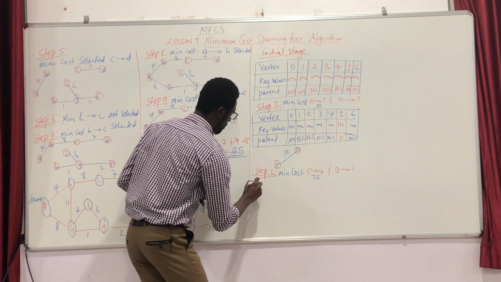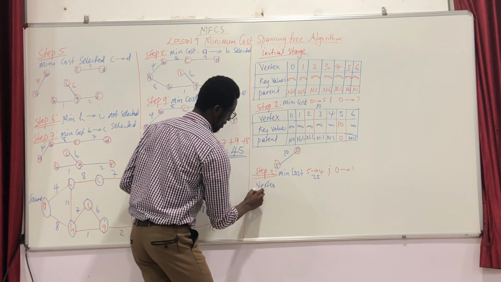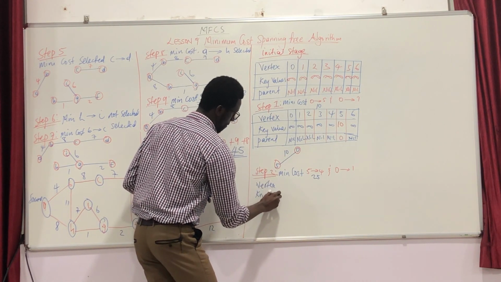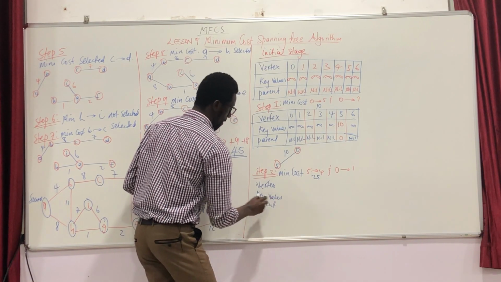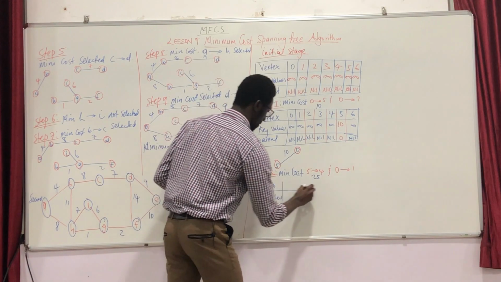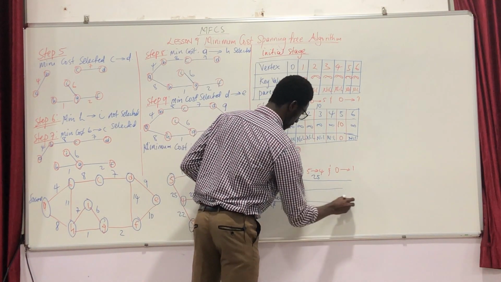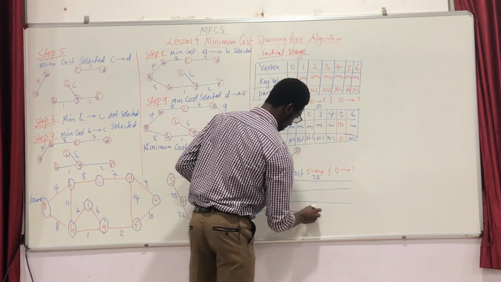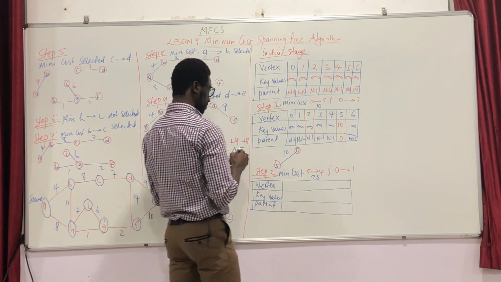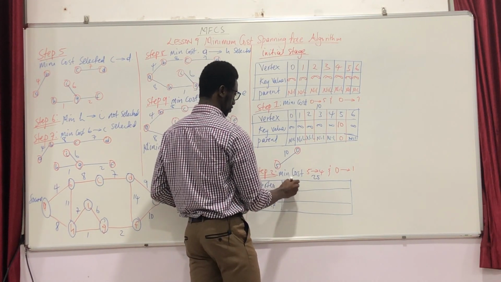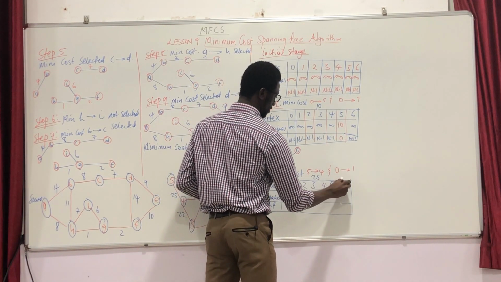Now we'll fill the table first. Vertex, key value, parents. Now we say 0, 1, 2, 3, 4, 5, and 6.